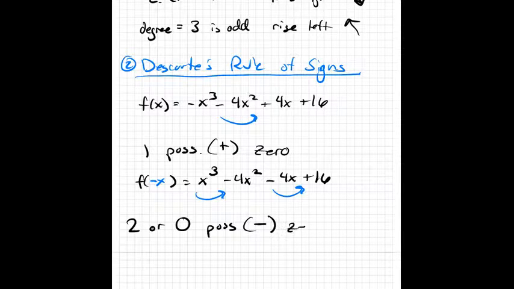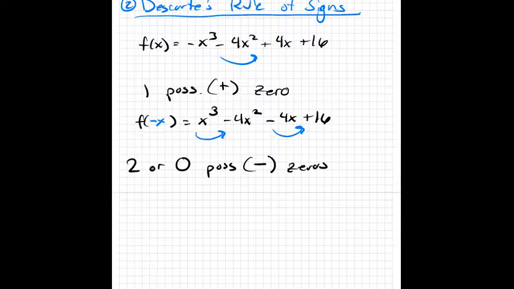Okay. So then let's go ahead and do our rational zero test. What we're saying is that if this function has any rational zeros, it's going to be somewhere in the following list.